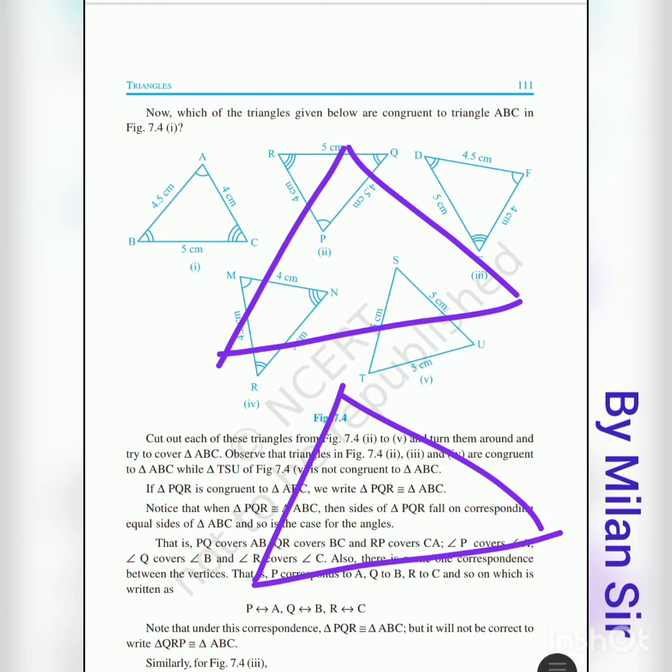Now, if we think about two triangles, for congruent triangles they have same sides and same angles, because a triangle has six measurements: three sides and three angles. If all these six measurements are equal to the other triangle, then they are called congruent triangles.